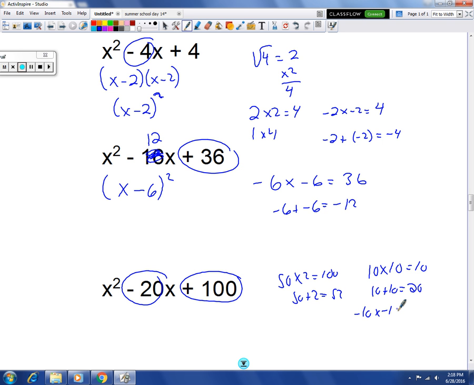A negative 10 times a negative 10, and these two do add up to negative 20 like we want. So x minus 10, x minus 10. And if they're the same, don't be neglectful. x minus 10 squared. Alright, let's see what else I have.